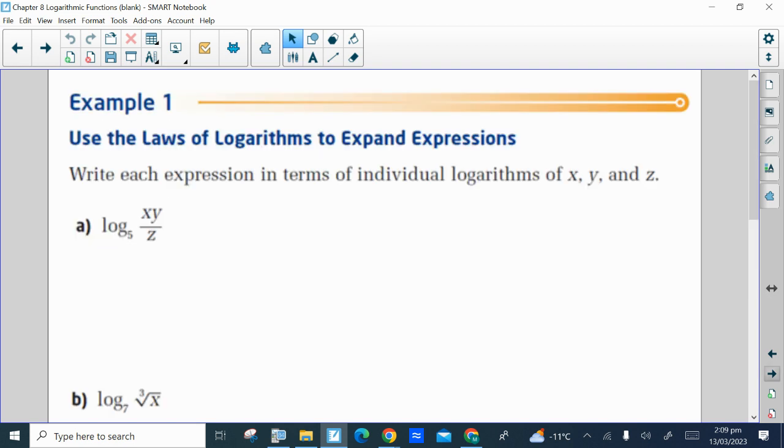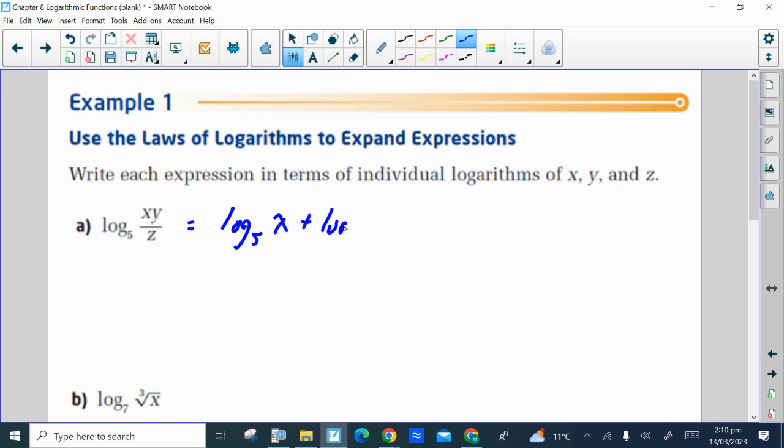So these first examples ask us to express in terms of individual logs x, y, and z. For the first one, because it's log of x times y on top, that would be log base 5 of x plus log base 5 of y.